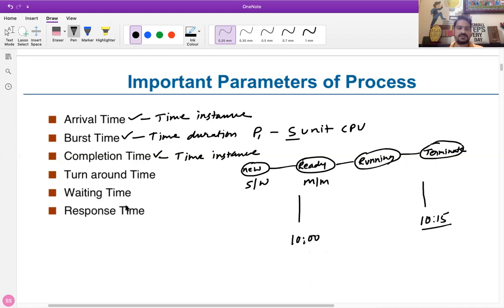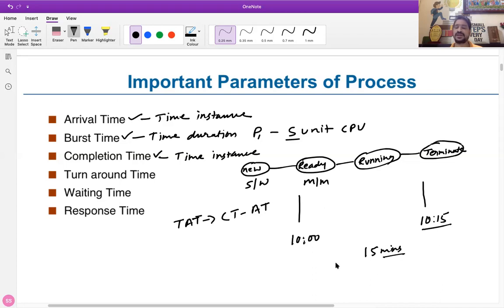Now the next time is called turnaround time. What is turnaround time? It is nothing but completion time minus arrival time. Here we have 15 minutes.